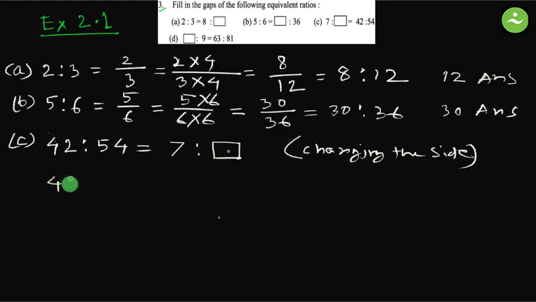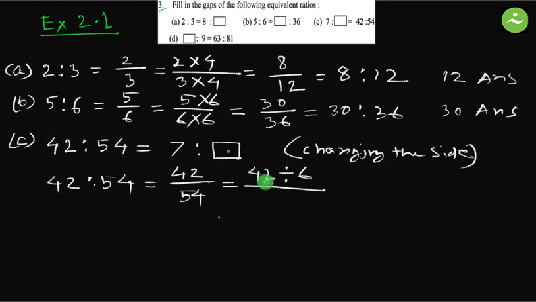42 is to 54 equals to 42 by 54 equals to, if we want to make the first quantity 7, what we have to do? We have to divide 42 by 6. So 42 divided by 6.